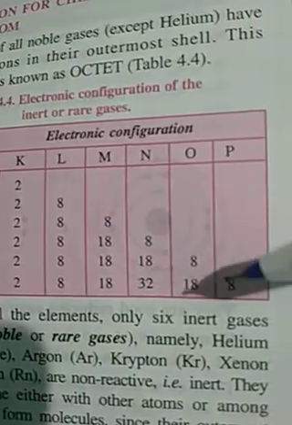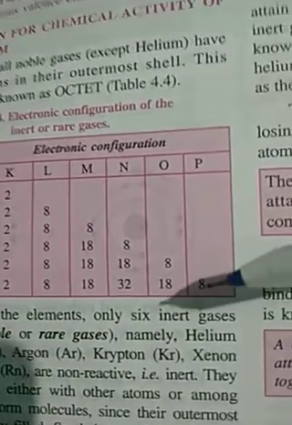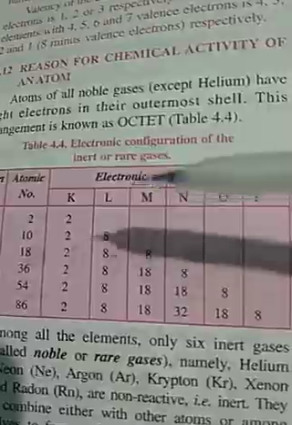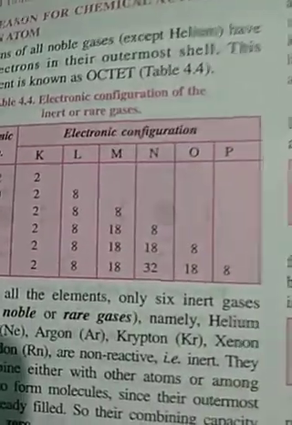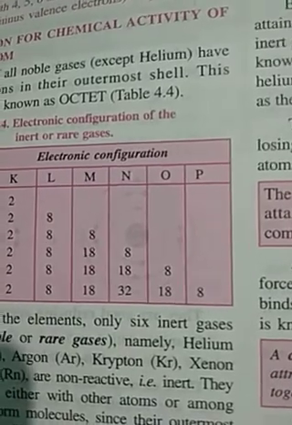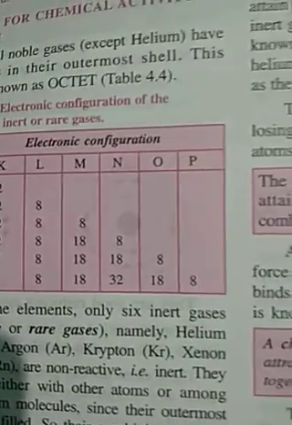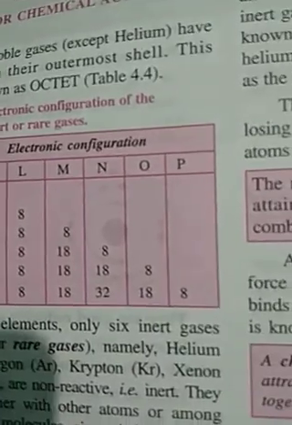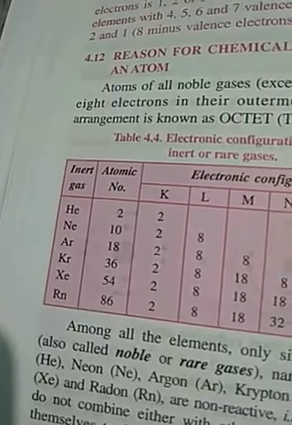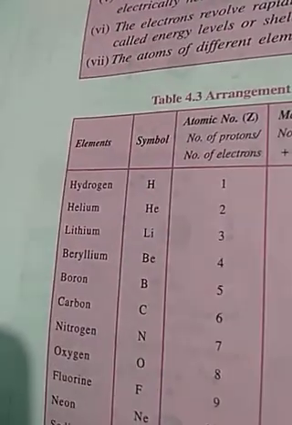Except helium, they all have 8 electrons in the valence shell and they all are inert gases. They neither lose nor gain electrons. They do not react with any other atoms. So, like these inert gases, all atoms tend to have the inert configuration.